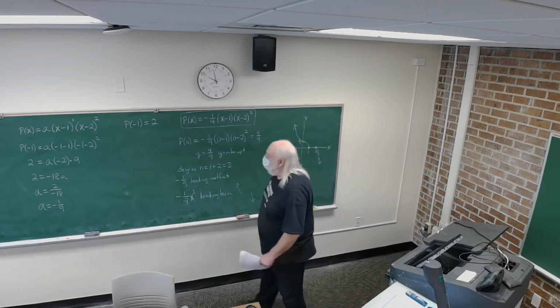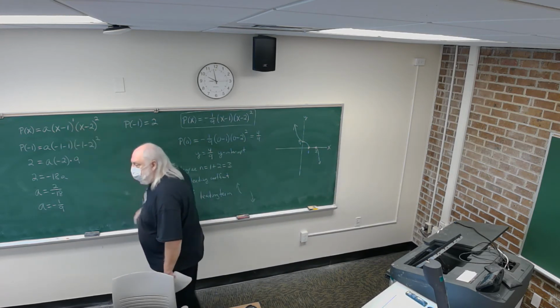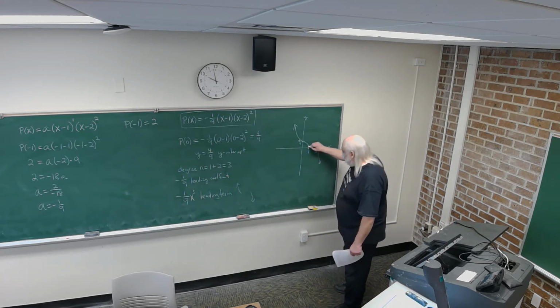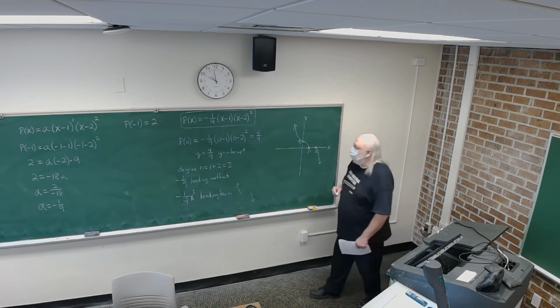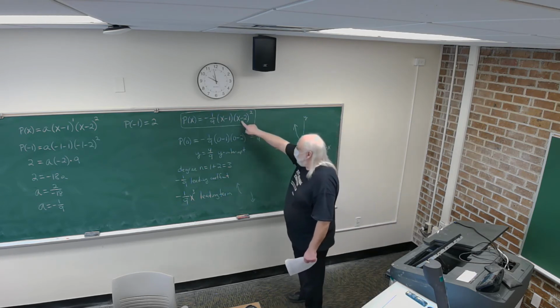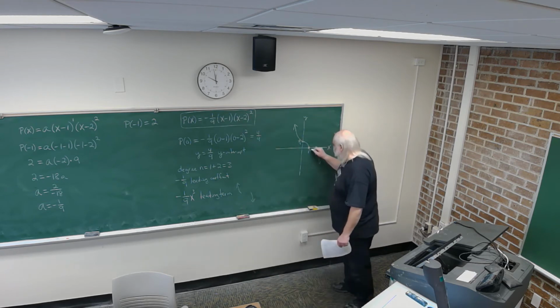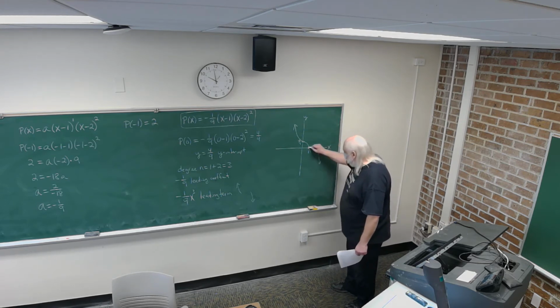Now, the multiplicity for the zero x equals 1 is odd, so the graph has to cross the x-axis at x equals 1. The multiplicity for the zero x equals 2 is even, and so after it crosses the x-axis, it's got to come up and touch the x-axis at x equals 2, and then go down.